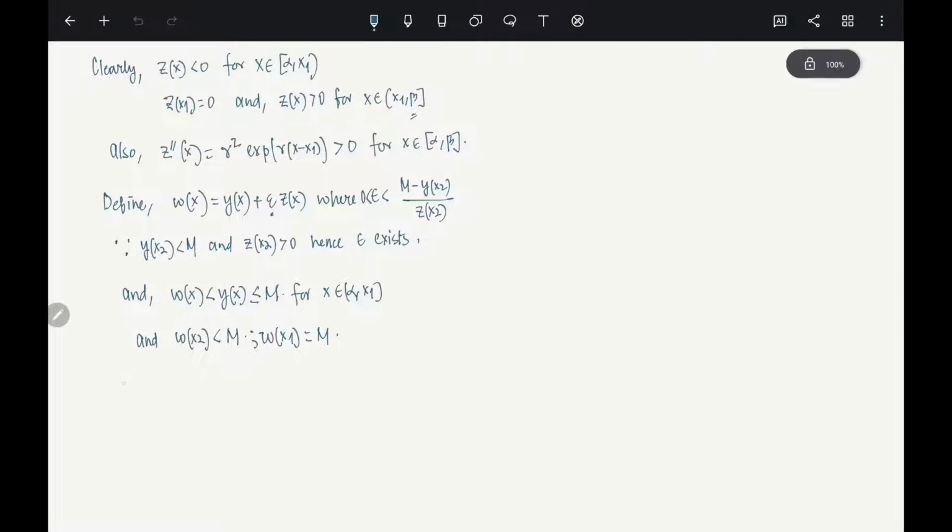Okay. Now see, since w double prime of x is y double prime of x plus epsilon z double prime of x, this is strictly positive in alpha x2 closed. Of course this is right. See, alpha x2, so it starts from alpha until x2, y double prime is given to be positive.